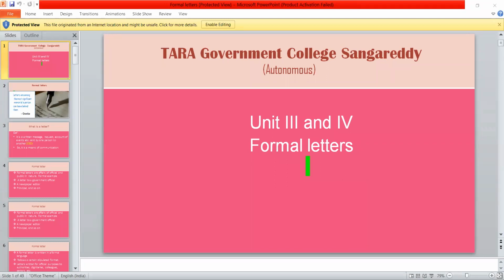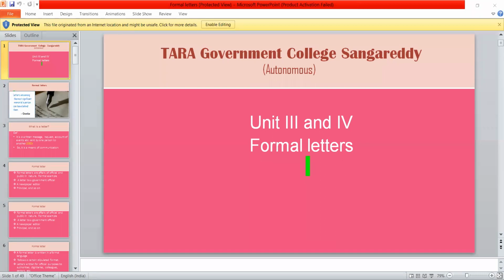A formal letter is written in a formal language. This is what it implies: a formal letter itself implies formal language also. It follows a certain stipulated format.